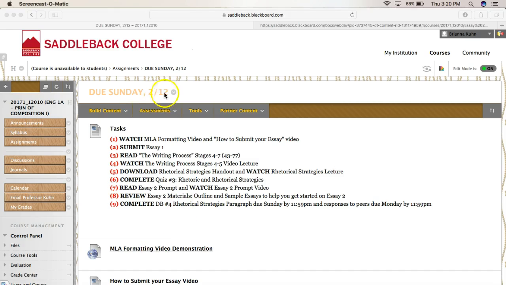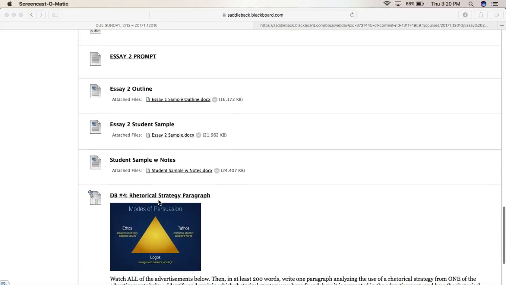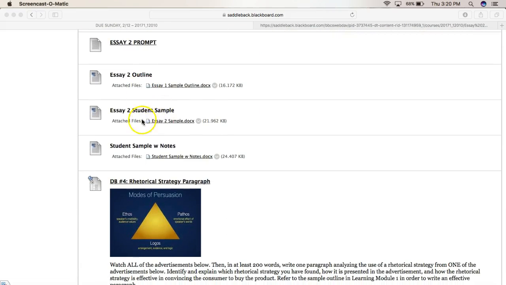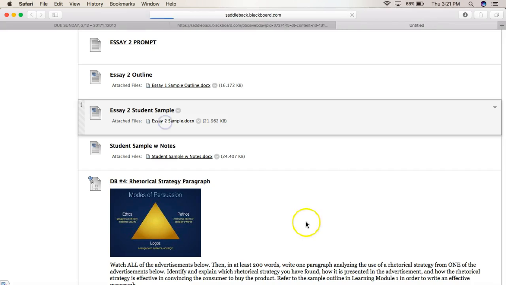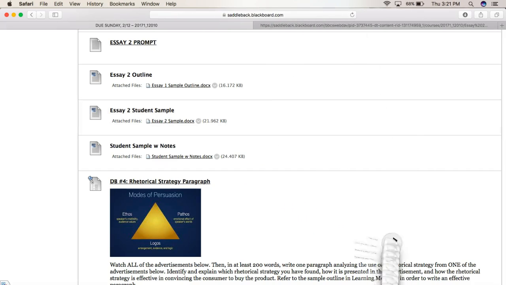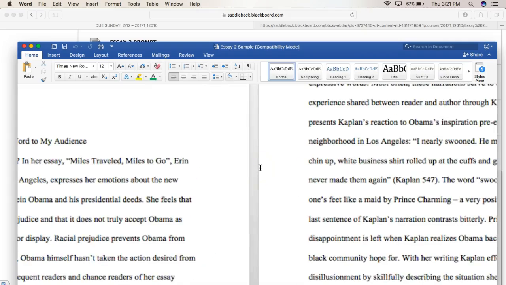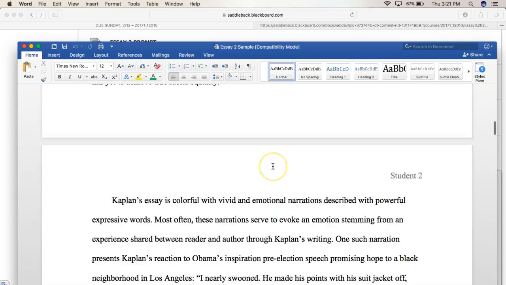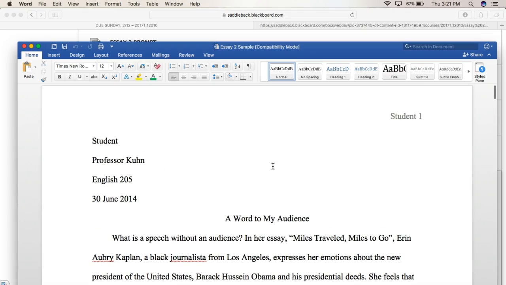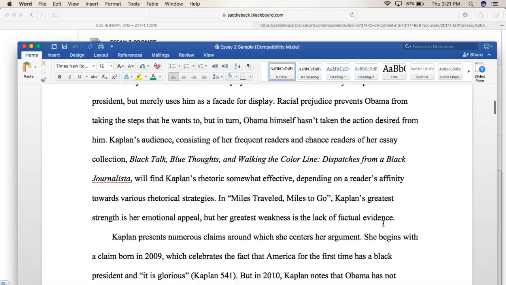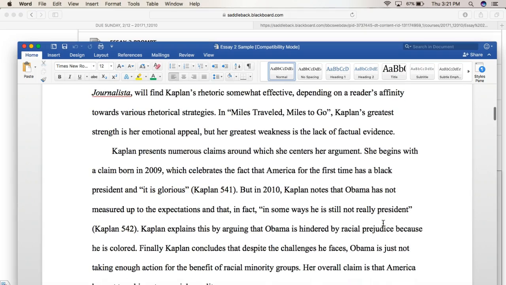And if we look in the February 12th folder towards the bottom, I have also included a sample essay here. So you can download it. What I've done is I've included an essay that isn't on any of our 3 texts, okay, because I don't want any of your essays to be similar to the sample, but this essay answers the exact same prompt.